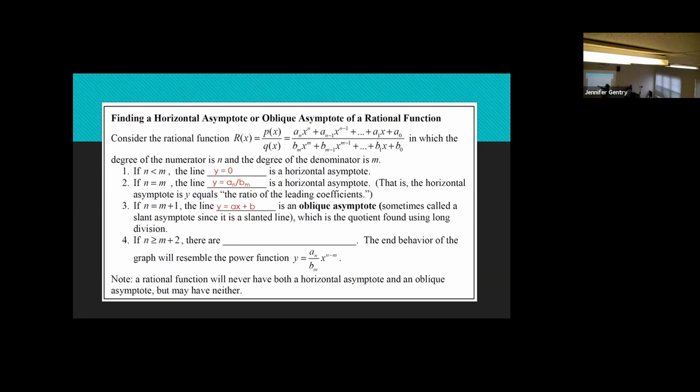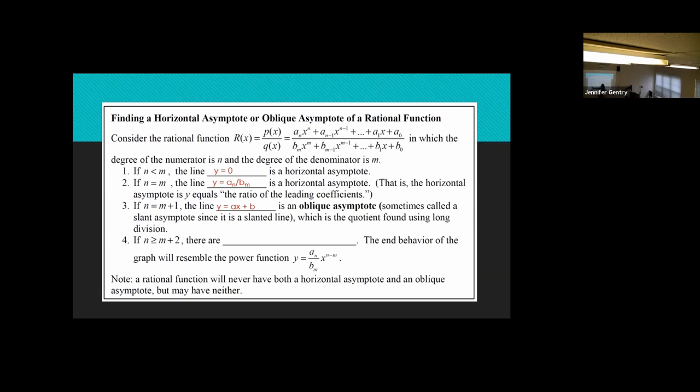How you find that line is you divide the two equations. Remember we did division in chapter 1, 2, maybe appendix A? You divide, and just ignore the remainder.